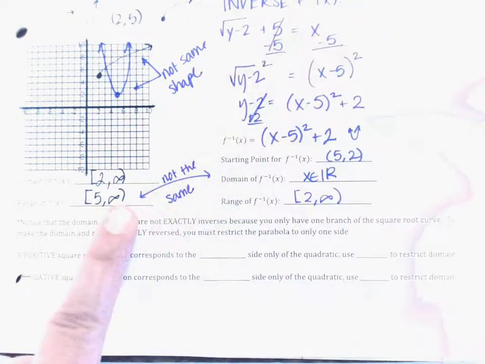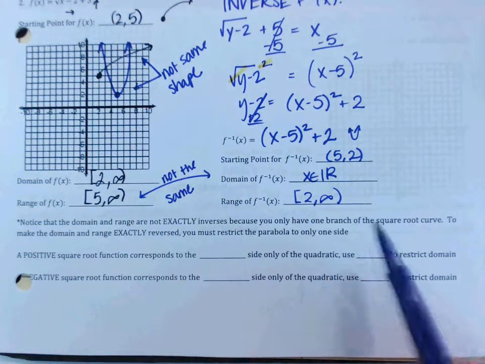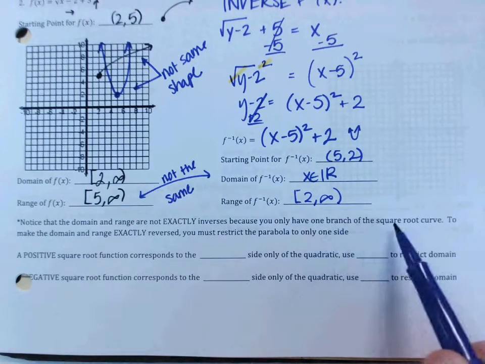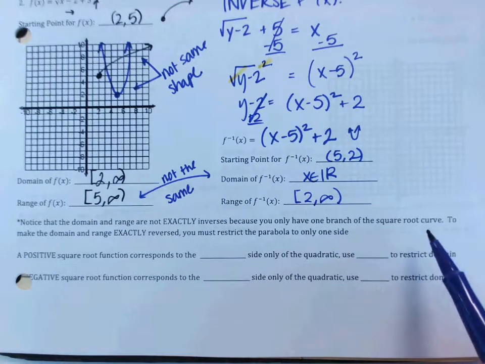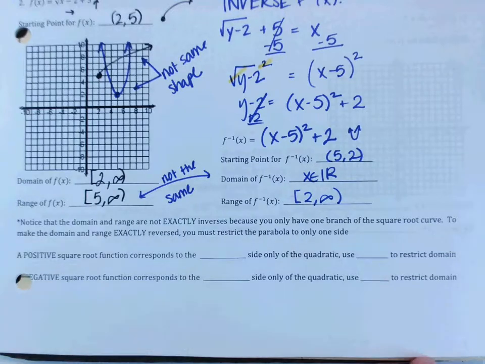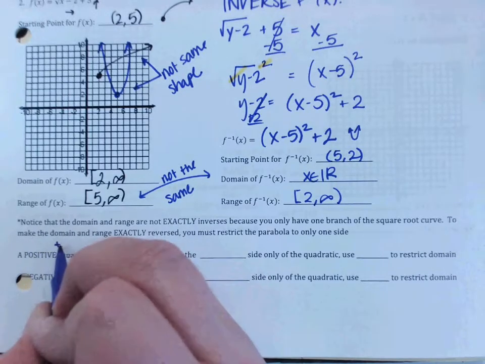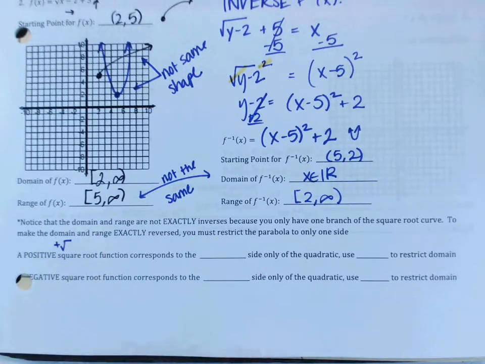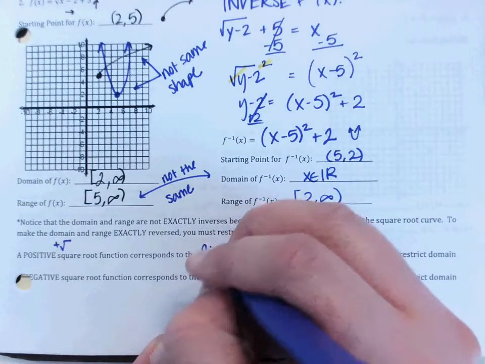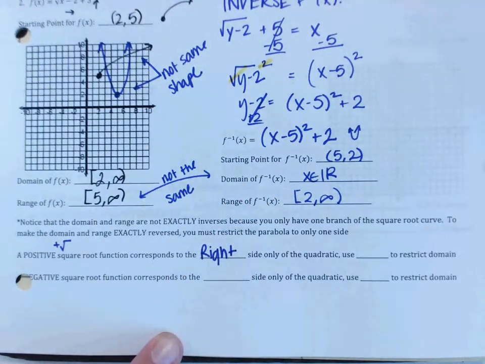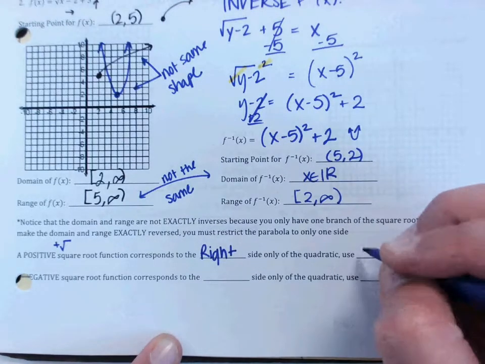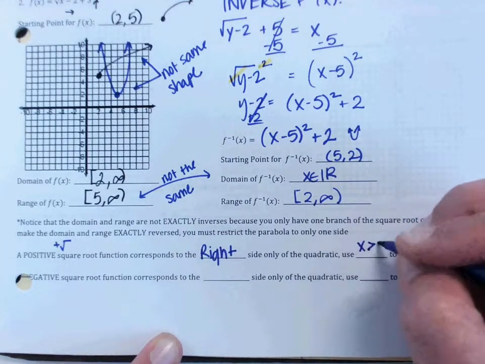Here's the problem. It says right here, because you have only one branch for the square root. Remember yesterday we had a plus or minus on all of the square roots? If you start with a square root, you can only pick one side of your parabola. If you have a positive square root, you are going to take the right side only of the parabola, so you are going to use x greater than the vertex.